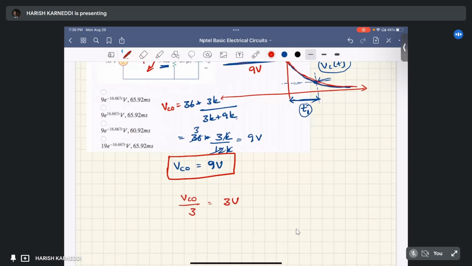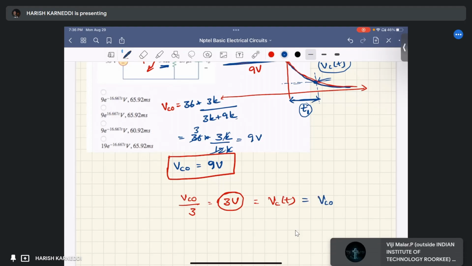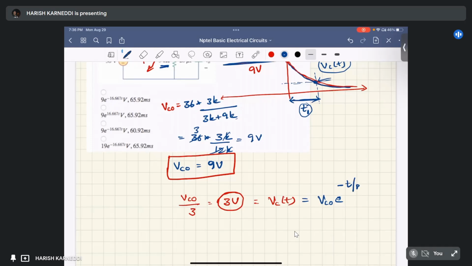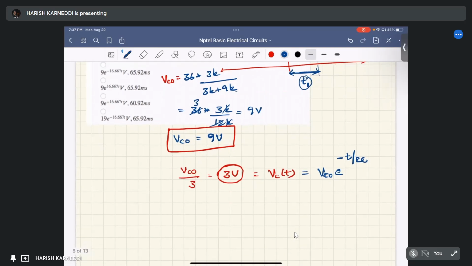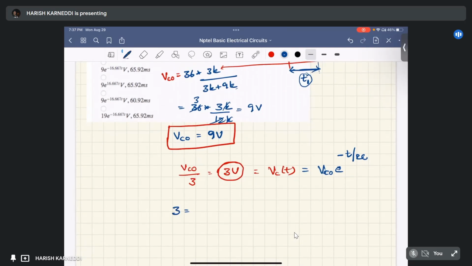So Vc of t has to reach 3 volts. Vc of t equals Vc0 into e power minus t by RC, so 3 volts equals 9 volts into e power minus t by RC.